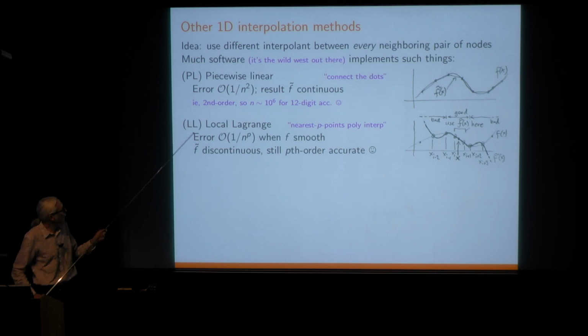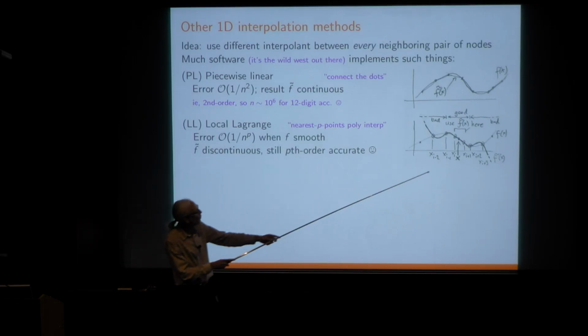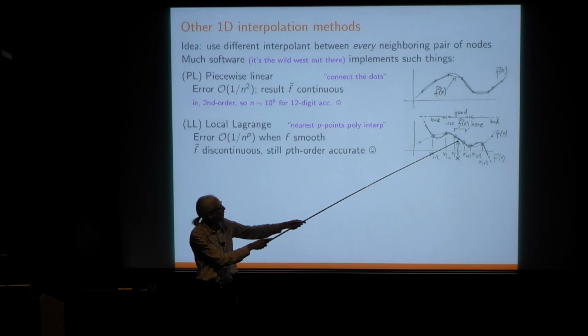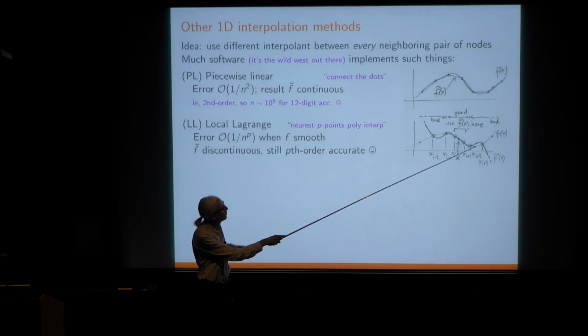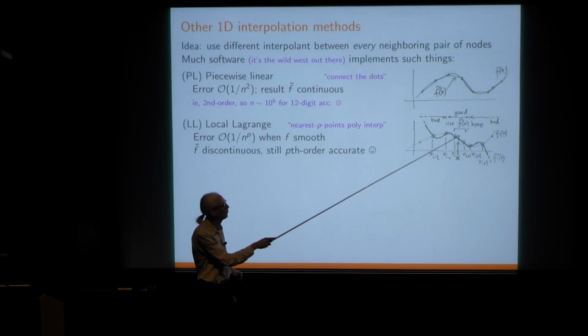Okay. Local Lagrange is kind of the higher-order version of piecewise linear, and it says wherever you are, whichever interval you're in between nodes, look up the nearest p nodes and construct the local unique degree p minus 1 polynomial through those nodes, and then use that just for the interval that you're in.